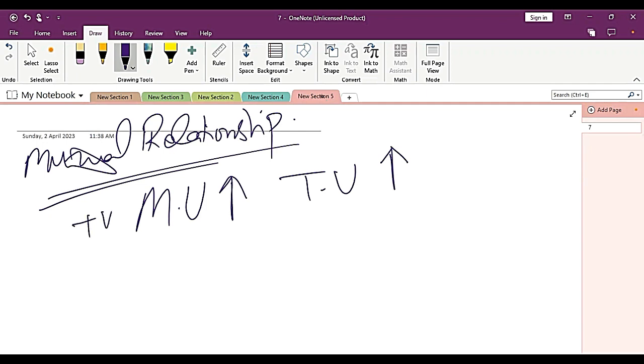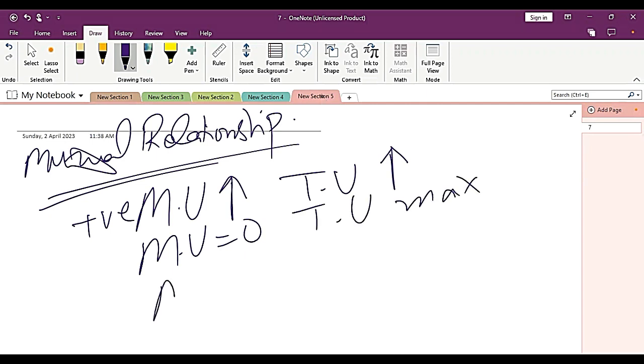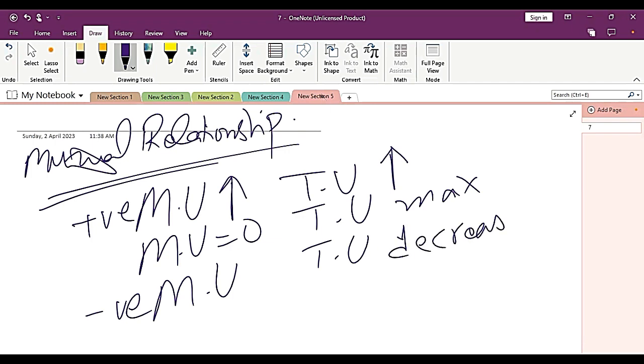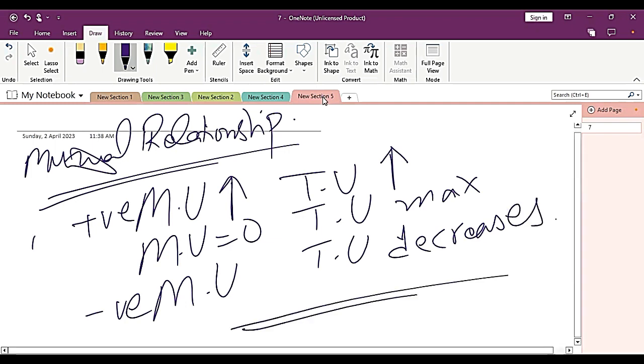Or you can say that when marginal utility is positive, total utility is increasing. When marginal utility becomes equal to zero, total utility becomes maximum. When marginal utility is negative, total utility decreases. So there are three levels of relationship between marginal utility and total utility.